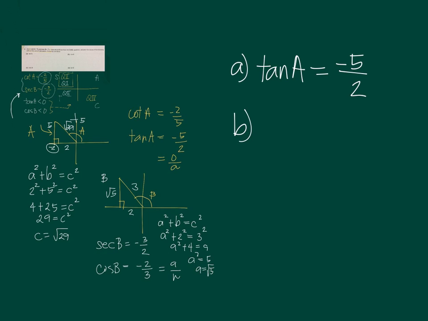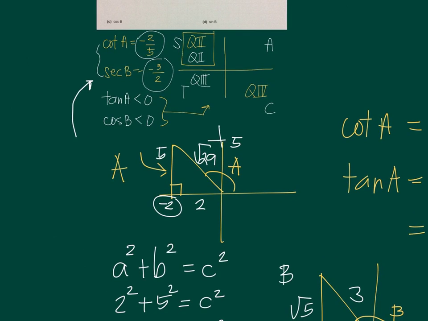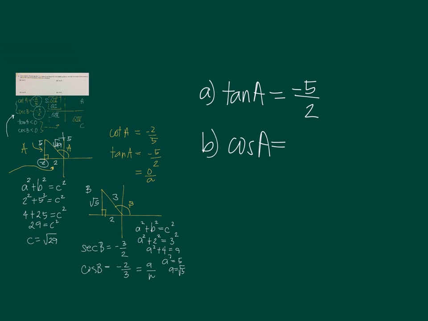For letter B, we wish to find the cosine A. So in this case, we'll be using our triangle here. So this is our triangle. We're looking for cosine A, that's adjacent over the hypotenuse, square root of 29. So we have the adjacent over the square root of 29.